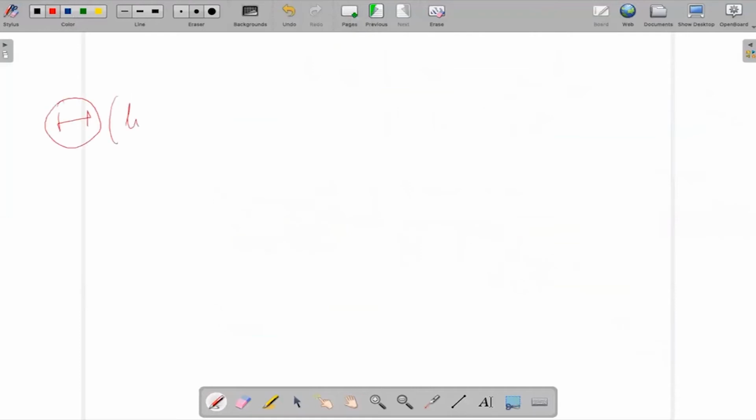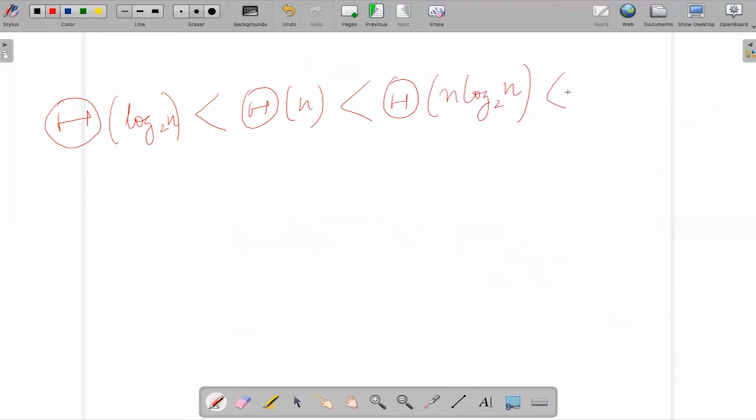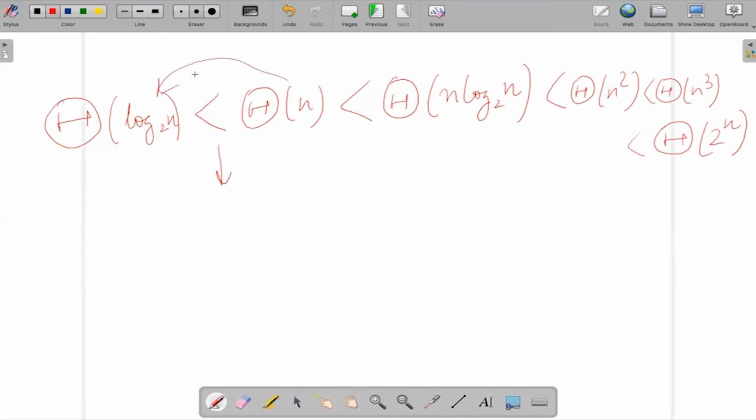For instance, where this sign indicates that eventually theta n will be larger than theta log 2n.